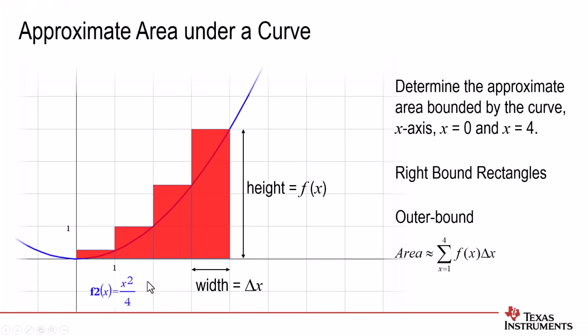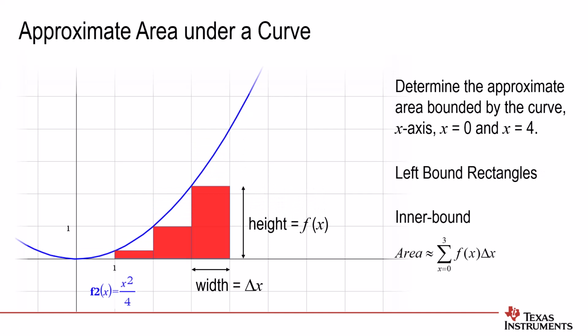Let's go back to our graph. There is another way we can calculate the approximate area under a curve. We could make the rectangles bound on the left-hand side. You'll see that the height is defined by where the rectangle would hit the left-hand corner of the rectangle. And these we also refer to, because of the curvature, as inner bound.